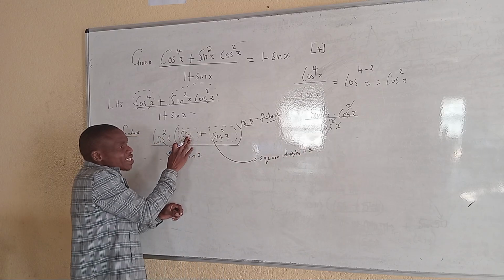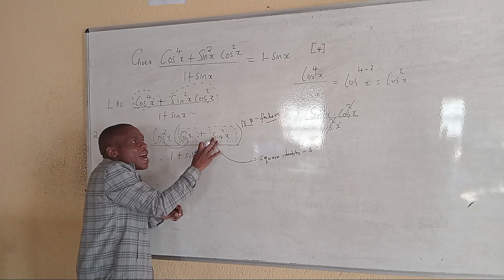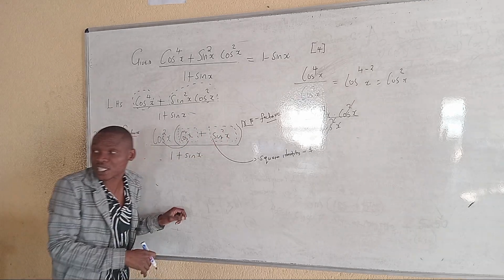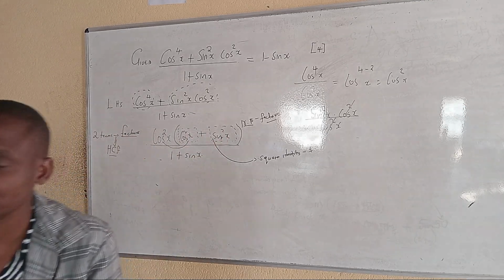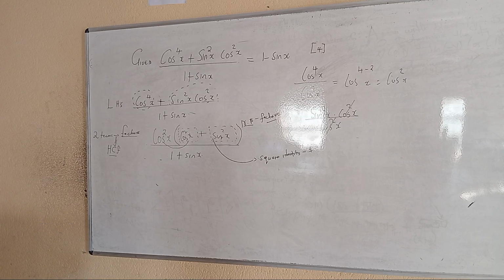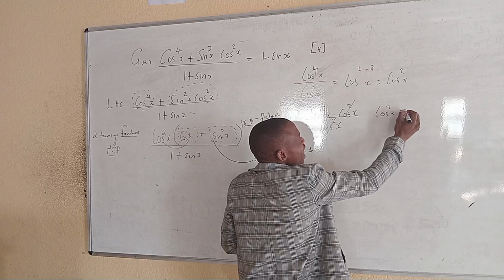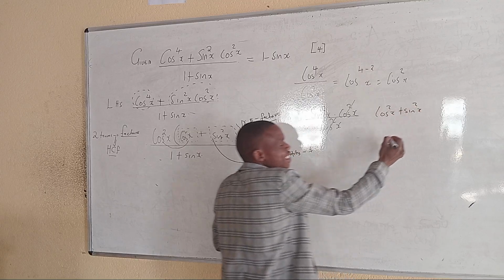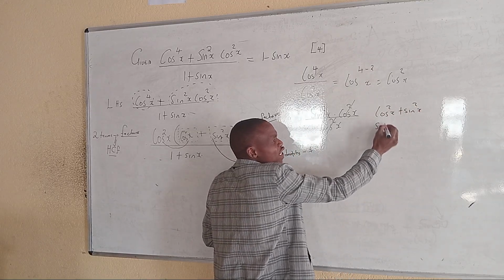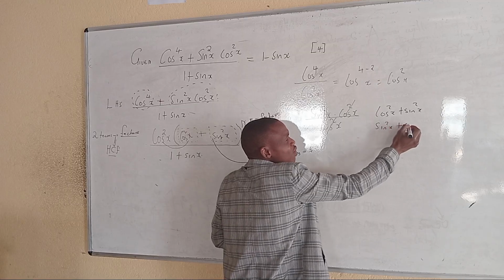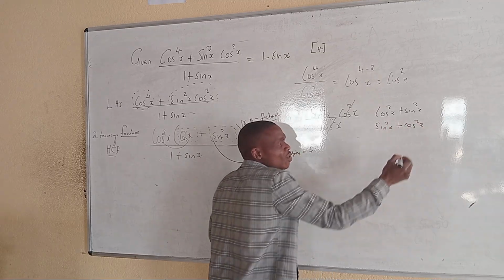This cos squared x plus sine squared x gives us how much? 1. And cos squared x plus sine squared x is the same as what? Sine squared x plus cos squared x.